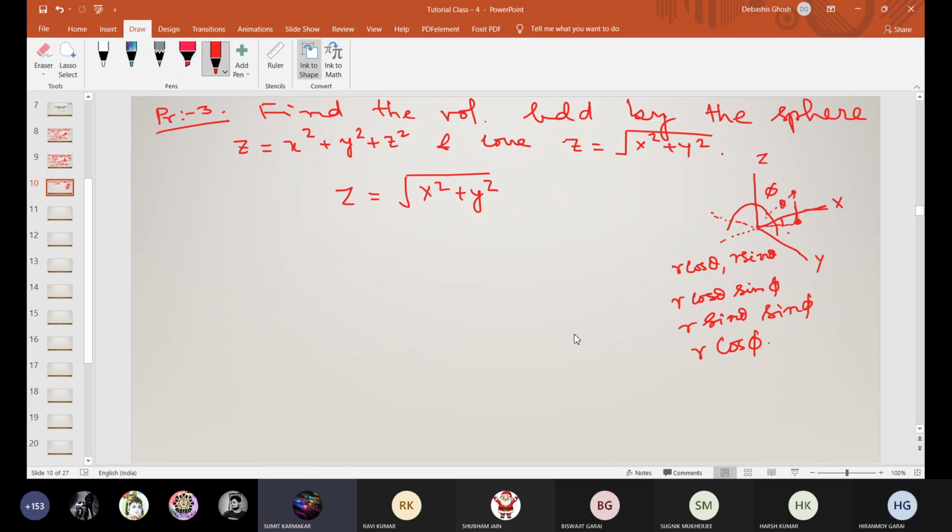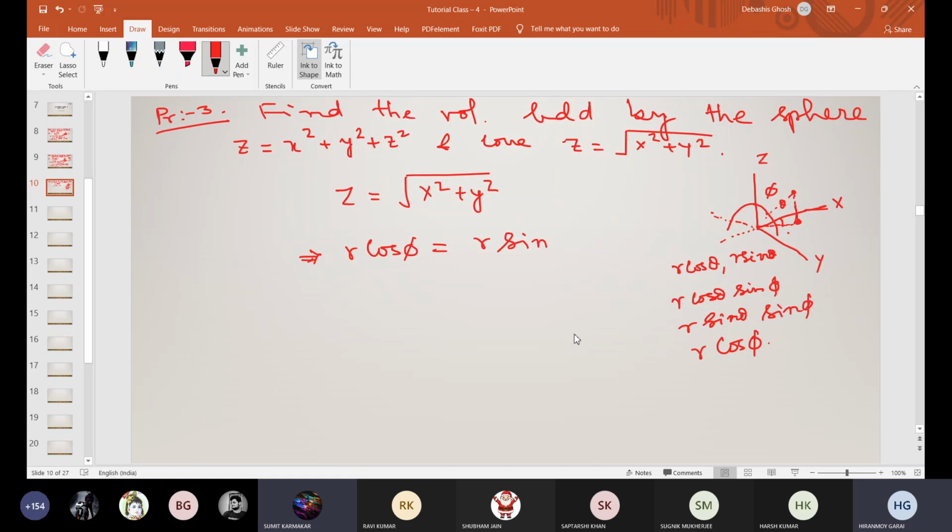Let me explain this first. z equals r cos phi, and that equals, taking x square plus y square, r sin phi.